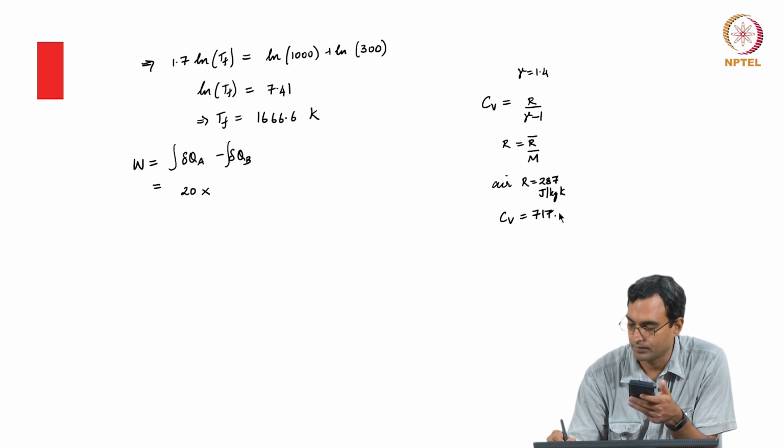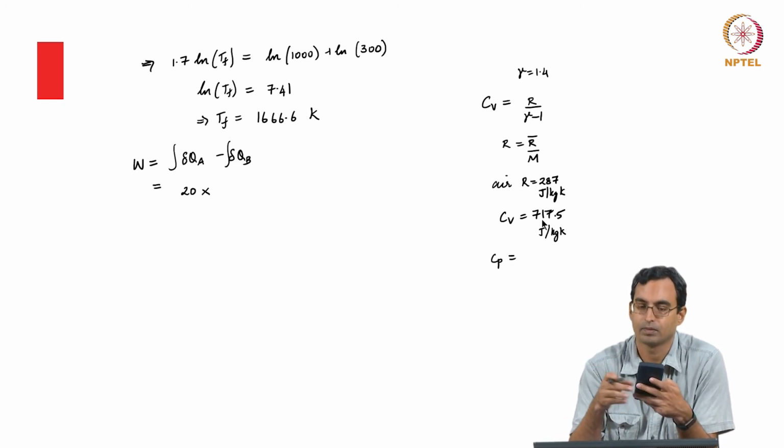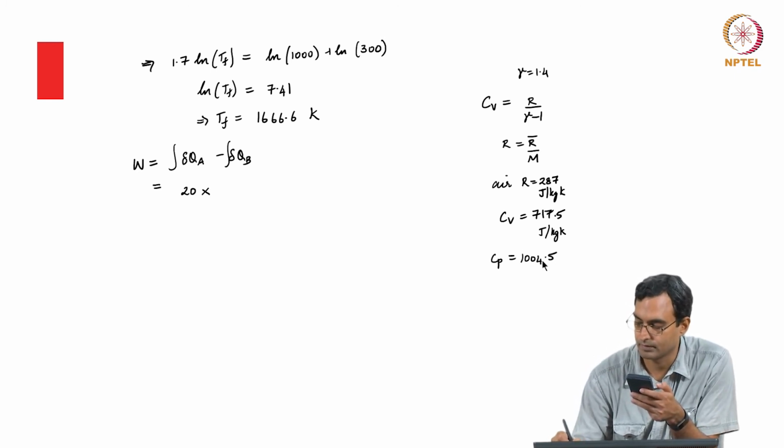This gives me a value of 717.5 joule per kg Kelvin. Cp is gamma times this, so this into 1.4, which gives me a value of about 1004.5 joule per kg Kelvin.